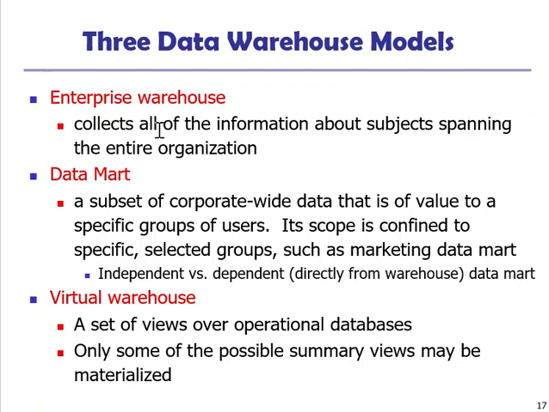There, as I said earlier, it collects all the information about different subjects spanning the entire organization. So it's everything that you need to make your decision, aggregated data in data cubes, and forms the entire enterprise-wide data warehouse. But it could also have data marts.